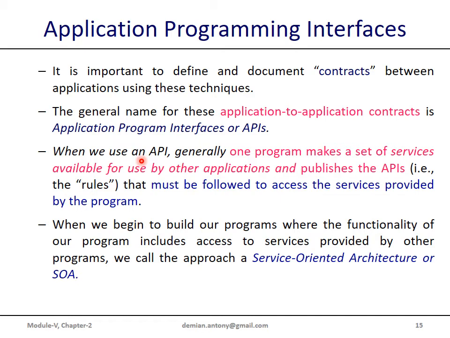In order to make these services available to other applications, the provider of such services needs to publish the APIs. That means the contracts, the rules which govern the conversation or communication. For example, the input structure, input data types, and the output structures, as well as the communication mode.